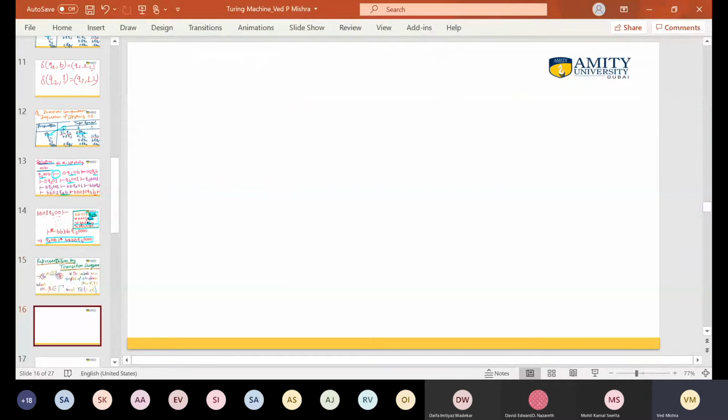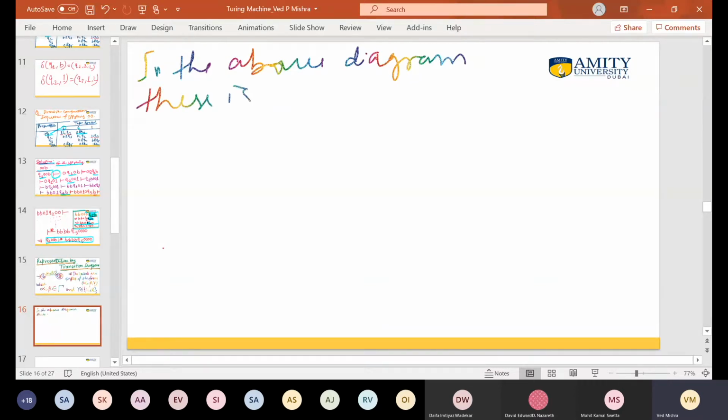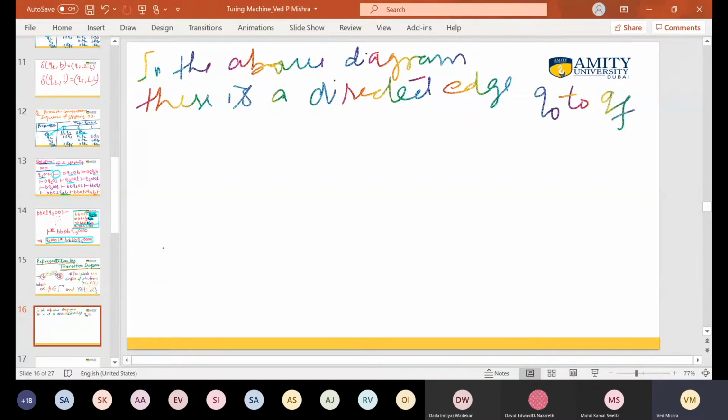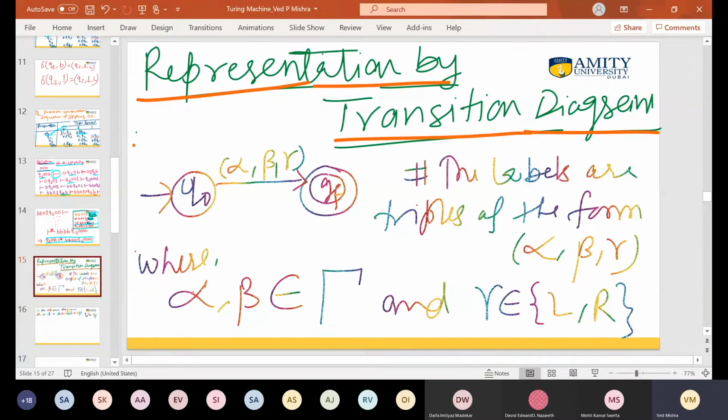Suppose in the transition diagram above there is a directed edge Q0 to QF, and the label is alpha, beta, gamma.